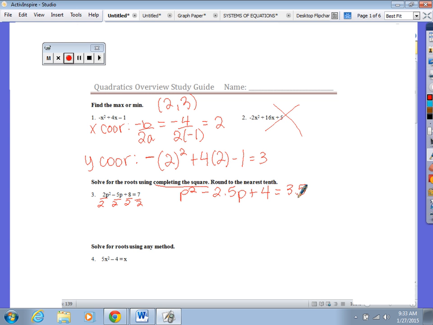Okay, from here, what do I need to do to get p by itself? All right, so I'm going to have p squared minus 2.5p plus blank equals what? Negative 0.5 plus blank. Y'all got it?